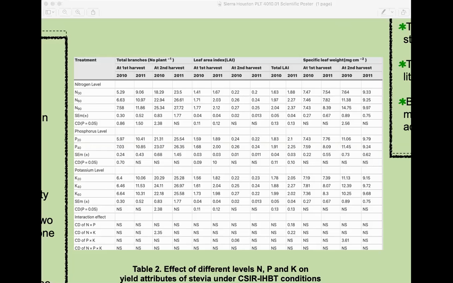The end result showed that the accumulation of stevioside is controlled by climate conditions and nutritional management. The 2 major glycosides in the leaf, stevioside and Reb A, both had a noticeable difference in all 3 locations.